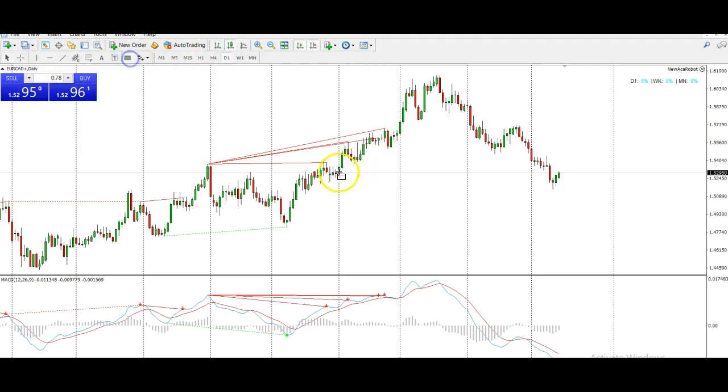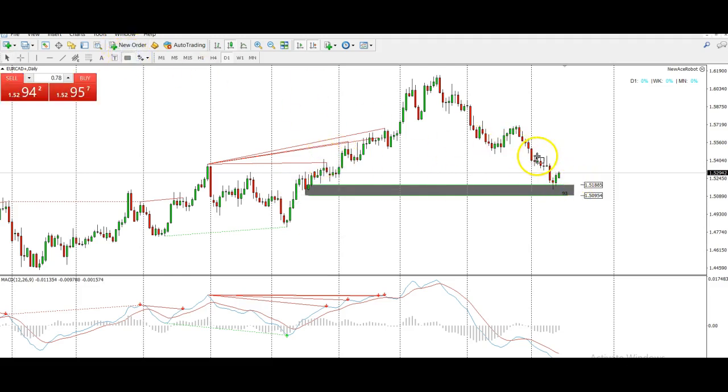Euro CAD's hit a daily zone here. Not here, sorry, just the one below that. This area caused this high, price comes down, test it.